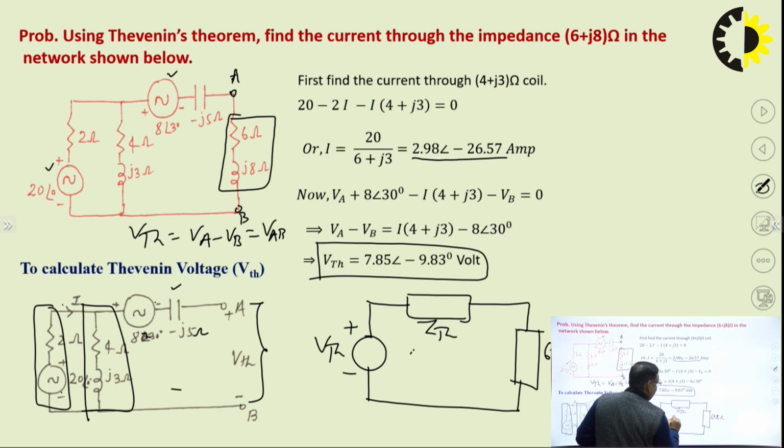And if we find the current I, that is the current that will flow through the 6 plus j8 ohm impedance. So, our job is to find this circuit. Okay, we have got this one.